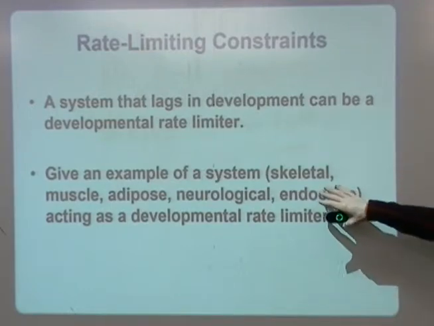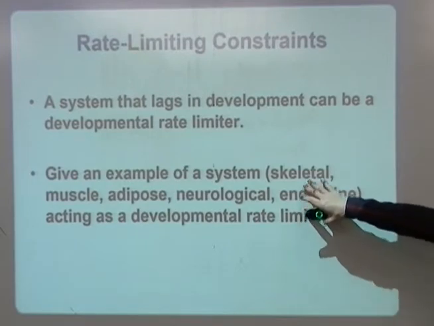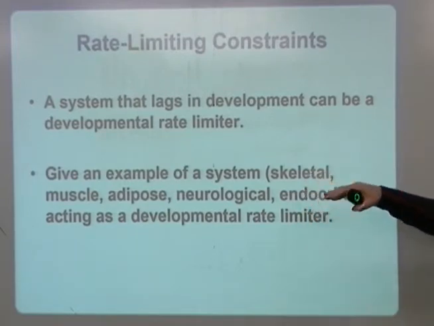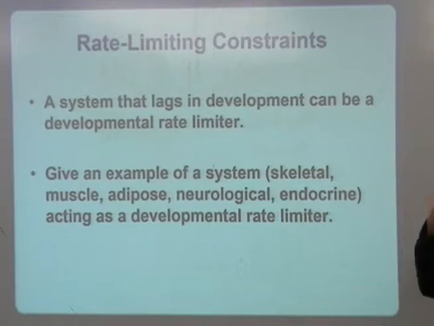So, skeletal system would act as a rate limiter for a child learning to stand up. The bones have to be heavy enough and strong enough to stand on.